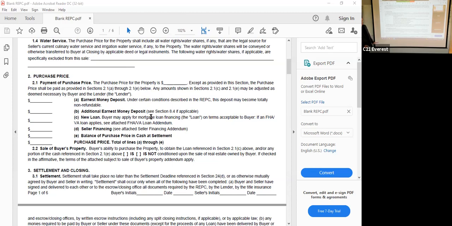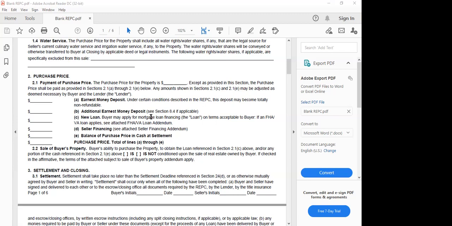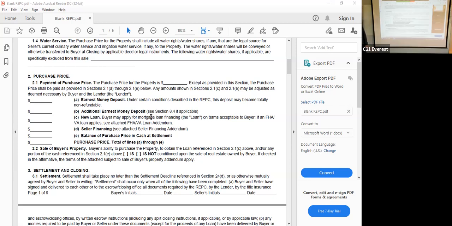Just keeping numbers simple. Let's say that our buyer wants to do a 90-10 loan. What does that mean? He wants to borrow 90 and then he wants to contribute 10% of that. What does that mean?